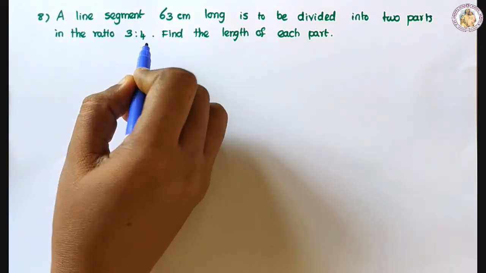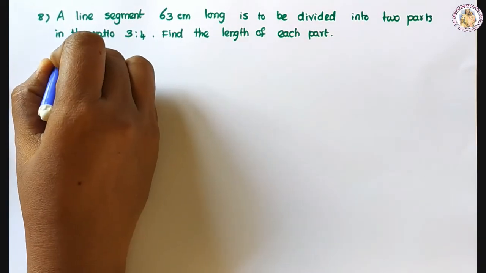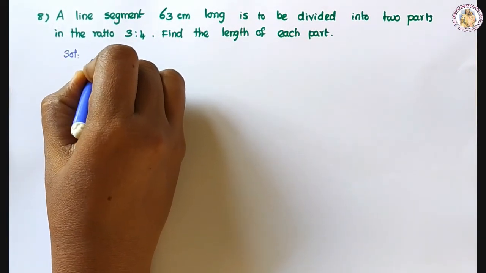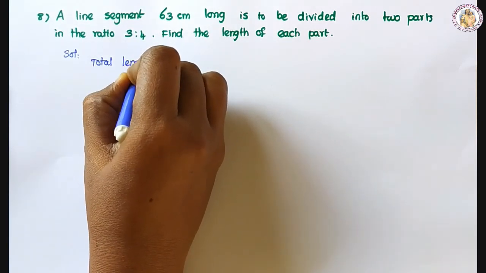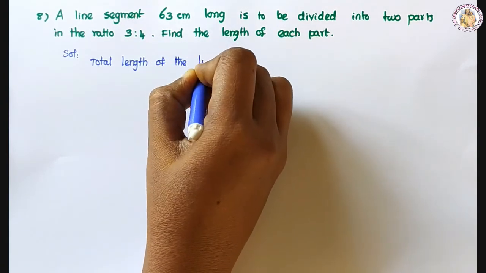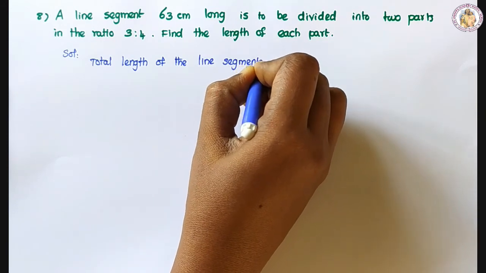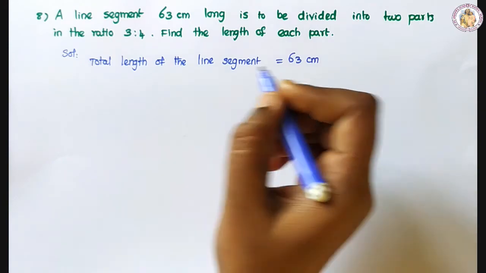ratio 3:4. Find the length of each part. Listen. They given the total length of the line segment equal to 63 centimeter.